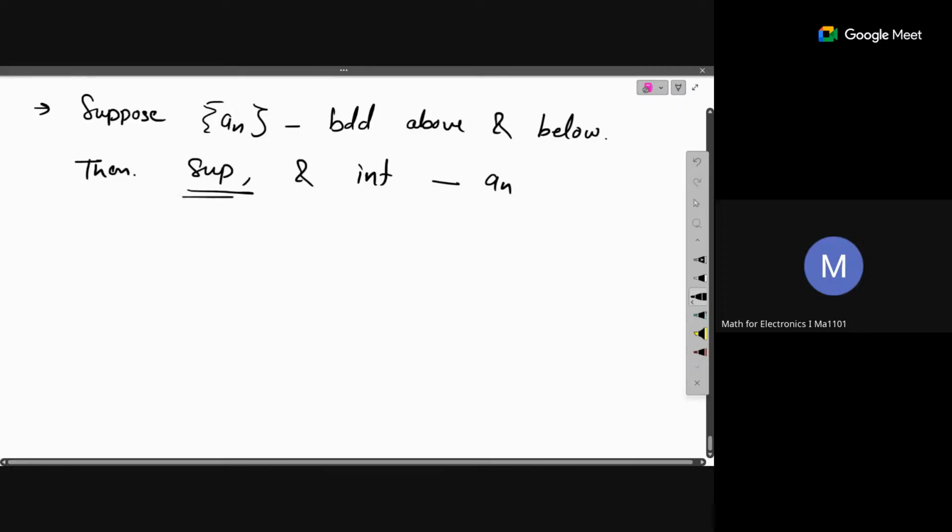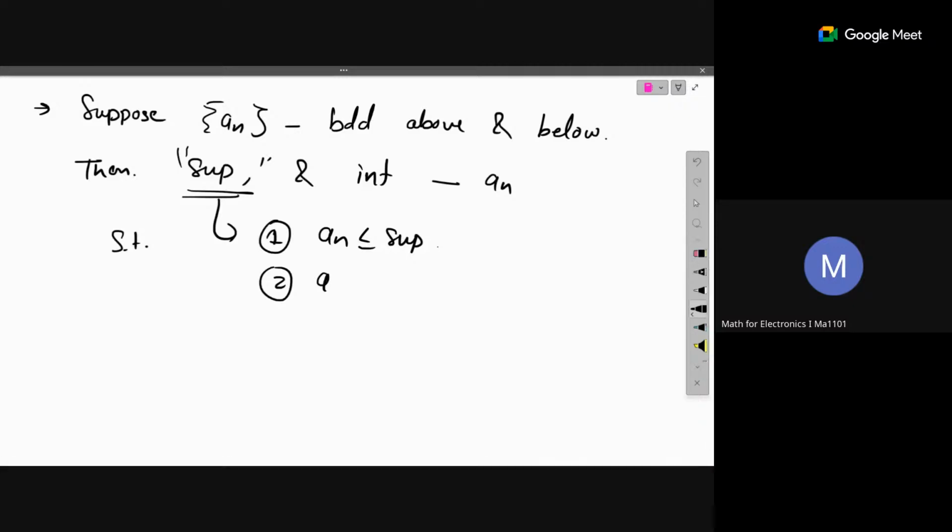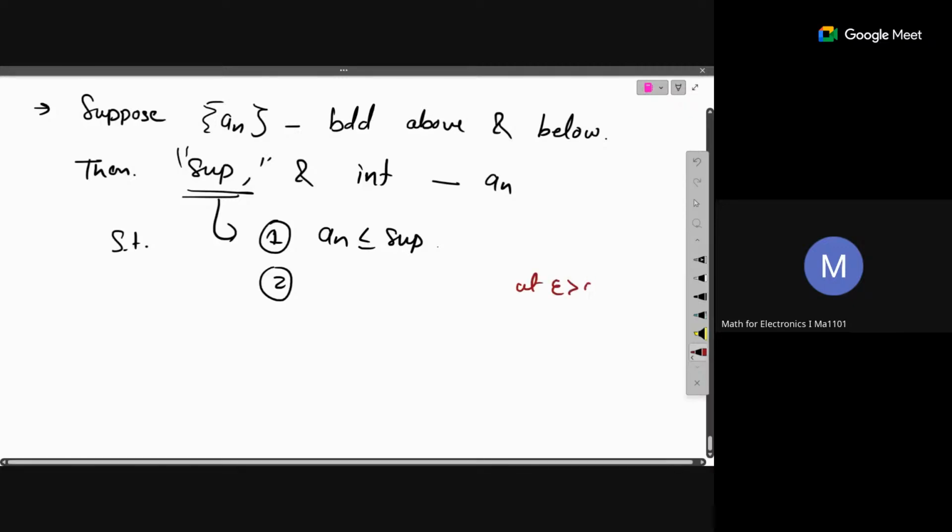A supremum of a sequence is a number that possesses two properties. The first is that all a_n are less than or equal to the supremum, so it is an upper bound. The second is that it is the infimum of all its upper bounds. What do I mean by that? Let epsilon be strictly greater than 0.